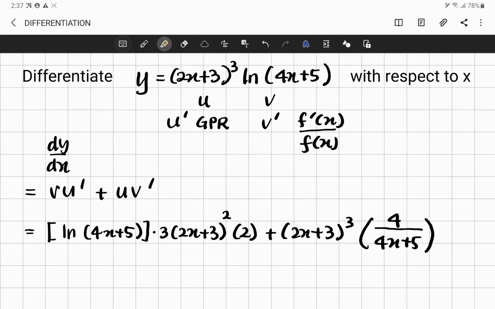Let us factorize, and our least common factor is (2x + 3)^2 and the number 2.